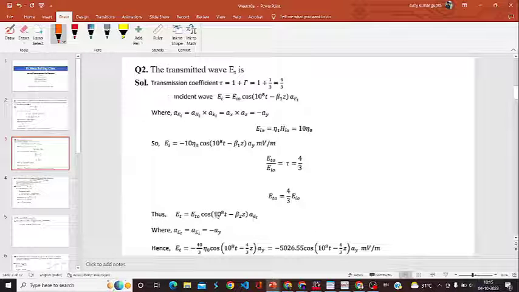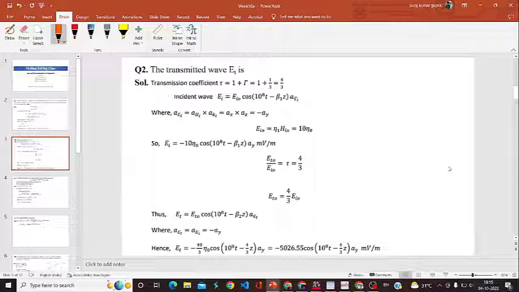The thing is that the wave will propagate in the same direction. Suppose this is the region where media 2 occurs, and this is my free space, so the wave is incident here along the z direction.